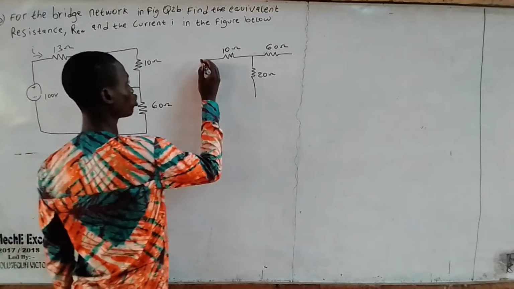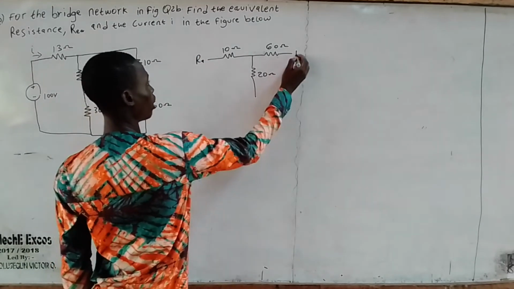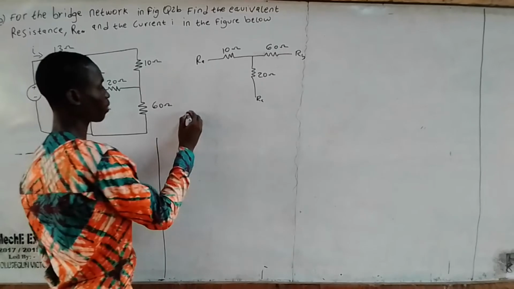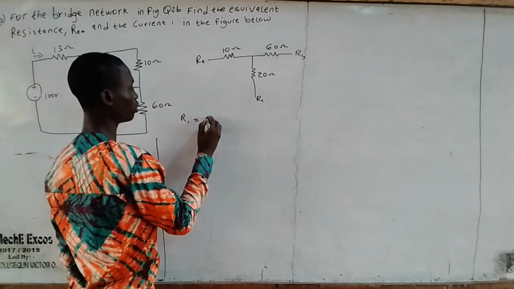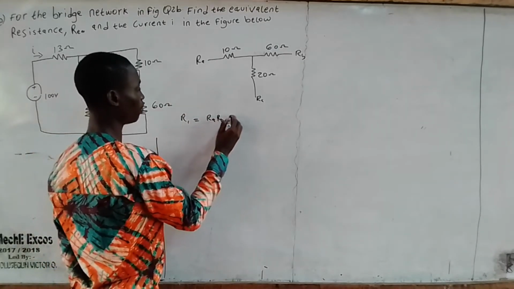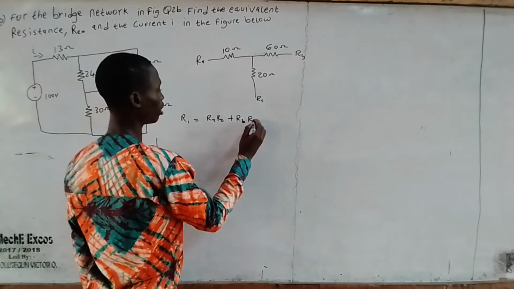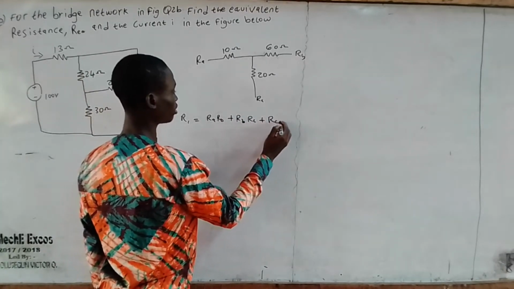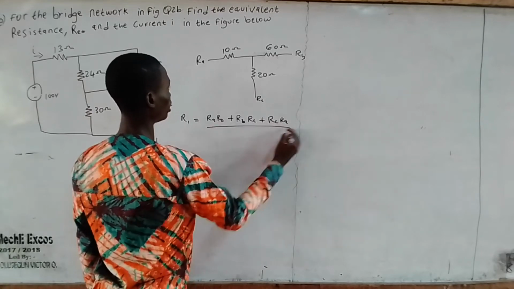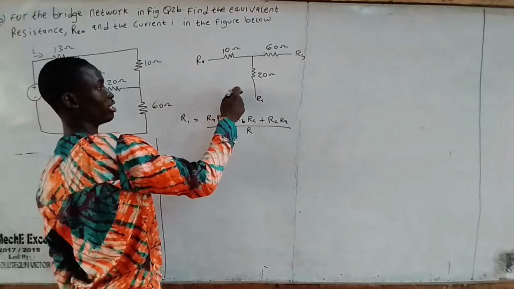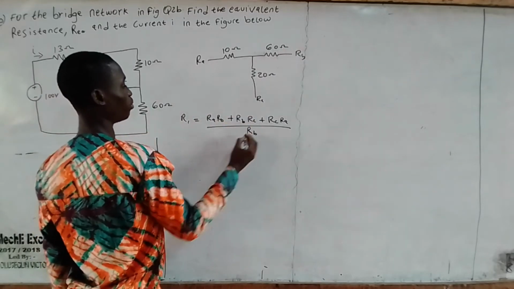So I'm going to look for my RA, RB, and RC. My R1 is equal to RA RB plus RB RC plus RC RA, divided by RB. Remember the R1 is here, so it's supposed to be divided by RB.